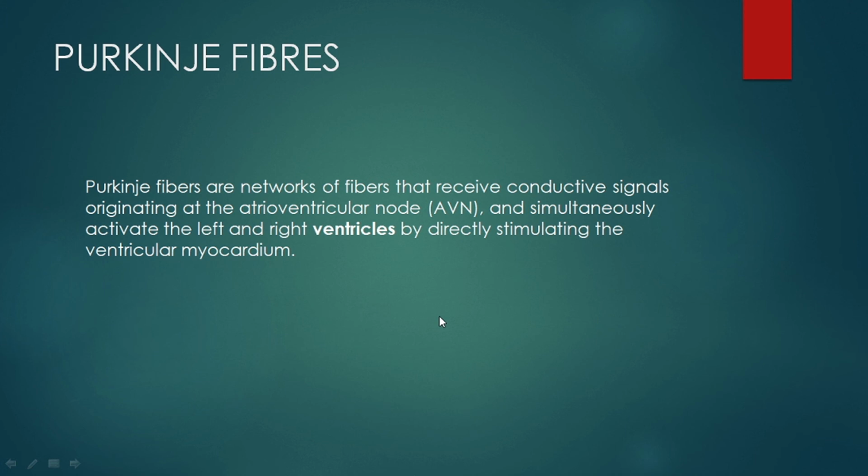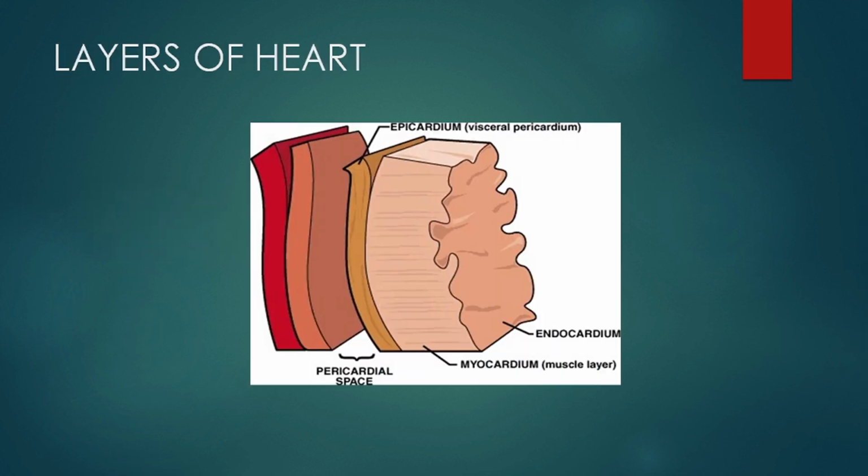Purkinje fibers are a network of fibers that receive conductive signals originating at the atrioventricular node and simultaneously activate the left and right ventricles by directly stimulating the ventricular myocardium.